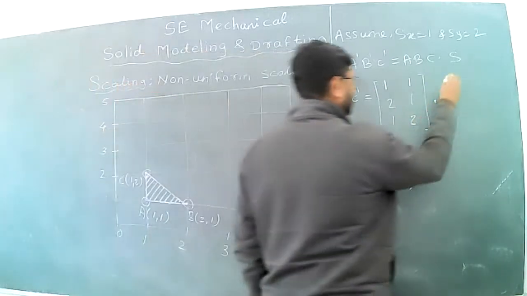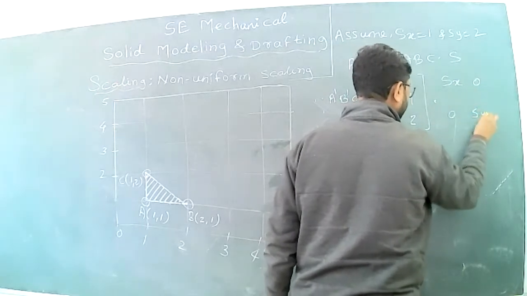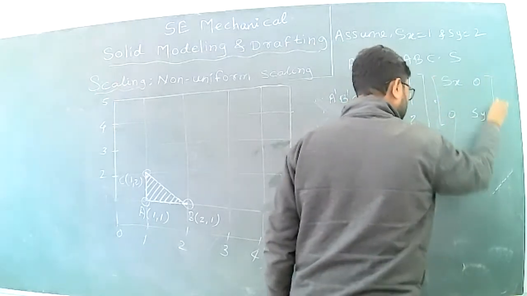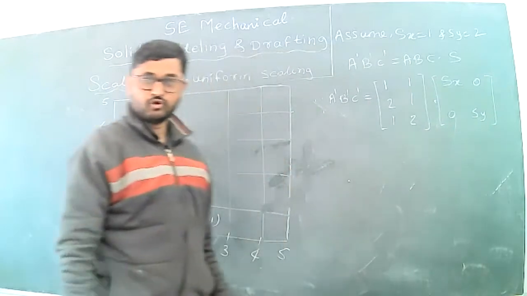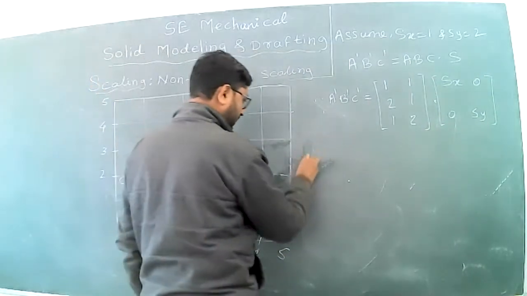S is scaling parameter, that is Sx 0, 0, Sy. So here we assume Sx is 1 and Sy is 2.